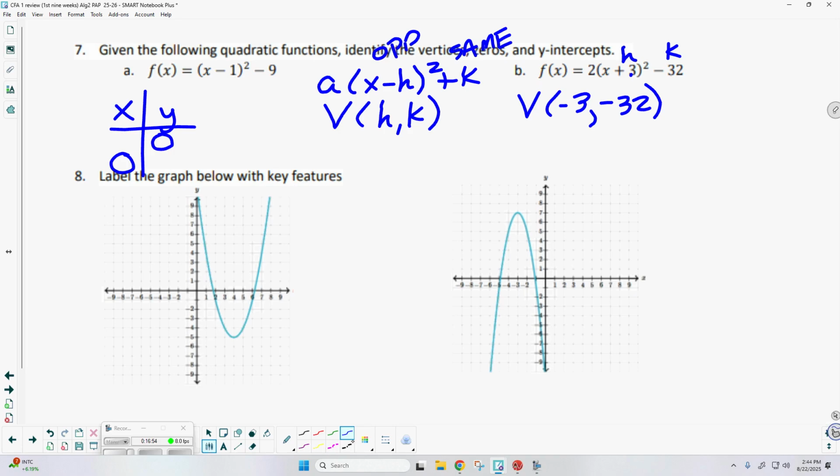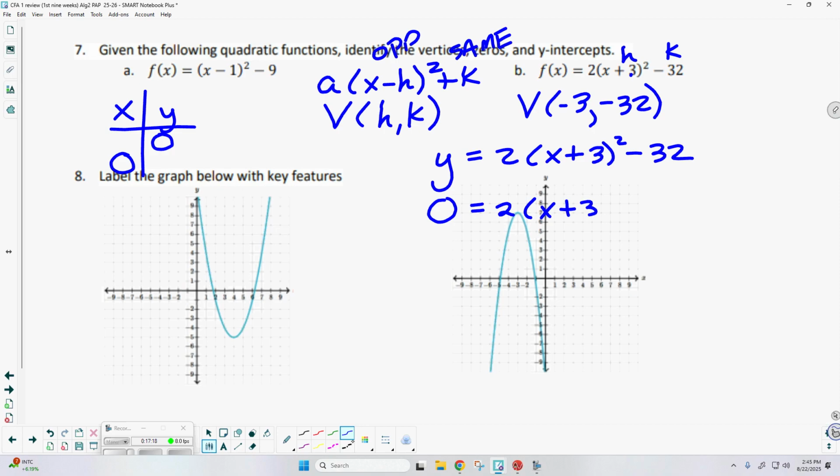Now let's find the zeros. That means I want to solve for x. So I'm going to take my equation: y equals 2 times (x plus 3) squared minus 32. If I'm looking for the values of x that make this true, I'm going to change y to 0: 0 equals 2 times (x plus 3) squared minus 32. Now, think about what we did yesterday. What's my first step?